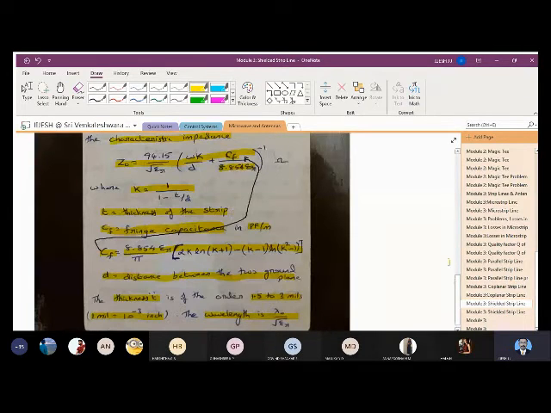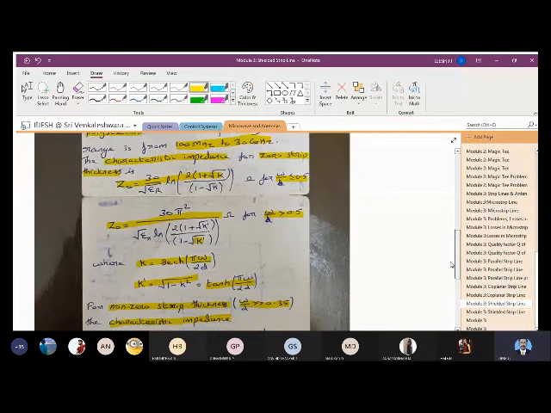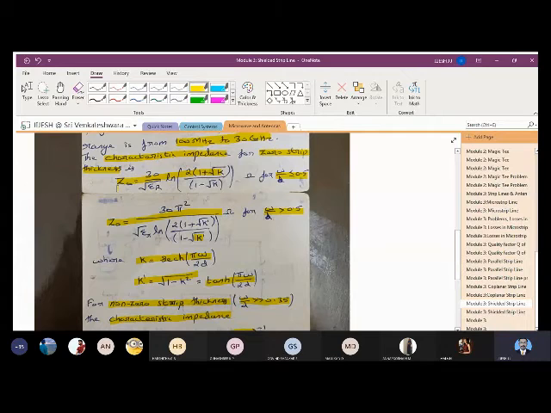This one we have studied for zero strip thickness, and this is for non-zero strip thickness. This is very important. You should be very careful and read each line properly.